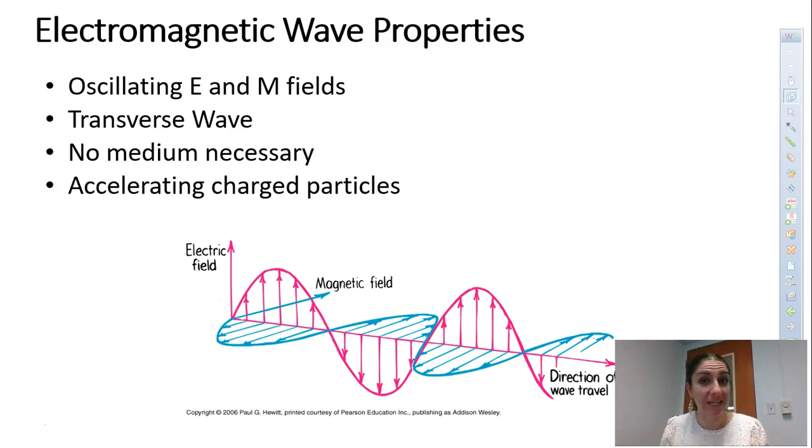So there must exist particles to push. Hence, we need a medium. But when it comes to electromagnetic waves, it has to do with the oscillation of charge. That is the medium, although that's not necessarily true. It's how the wave is formed. So you don't need particles to push because it's not based on pushing particles.